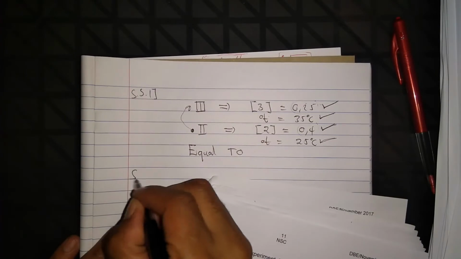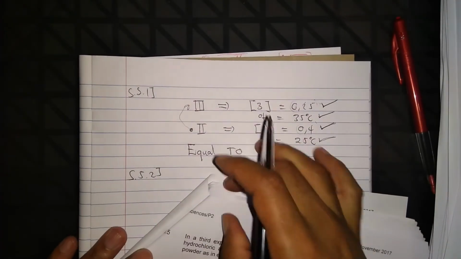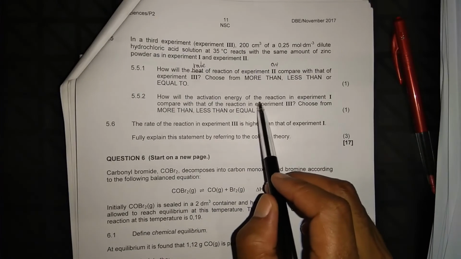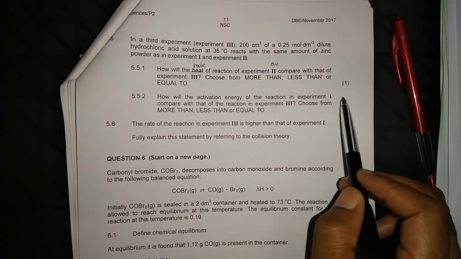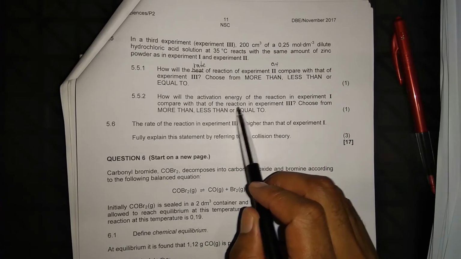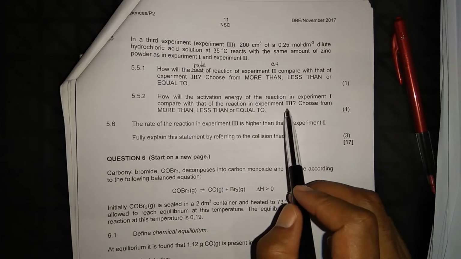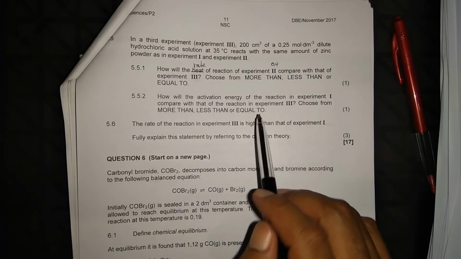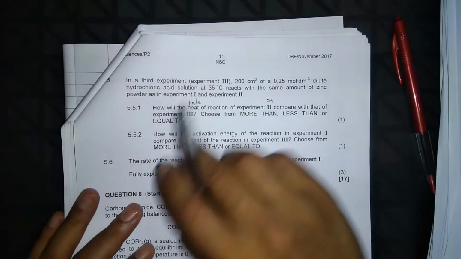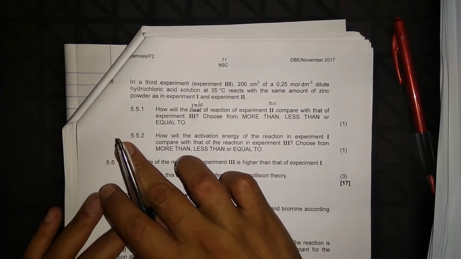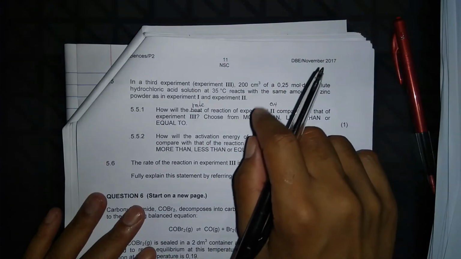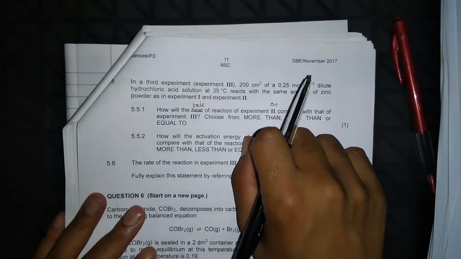5.5.2. How will the activation energy of the reaction in experiment 1 compare with that of the reaction in experiment 3? Choose from more than, less than, or equal to. Activation energy. Check out. Activation energy is only affected by one thing and one thing only, a catalyst.